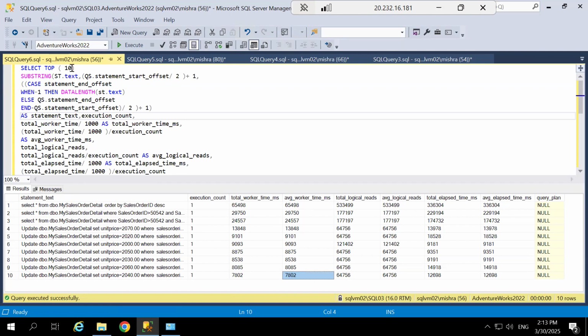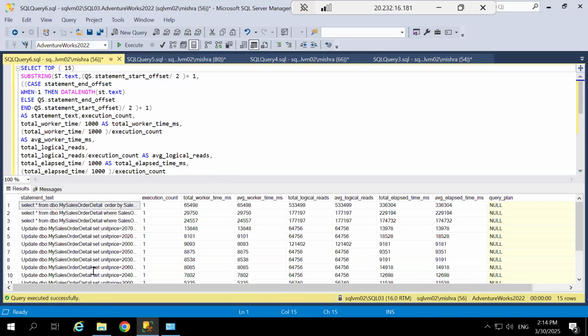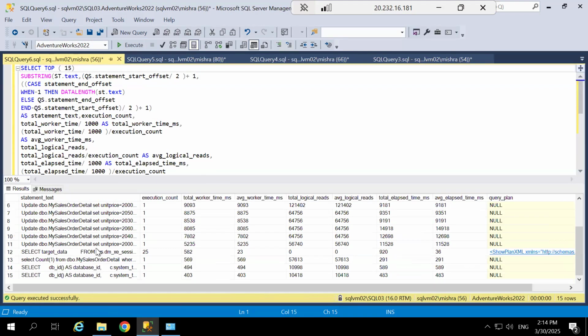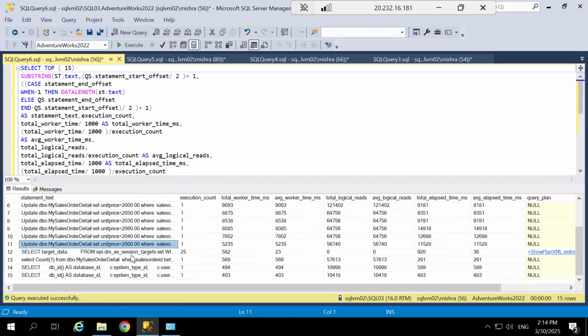Let's remove that. Let's go with top 15. So it should give me this one, 2020, the last one. Execute. This is what, 2020, where is that?